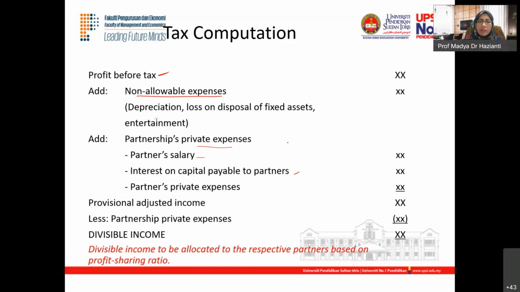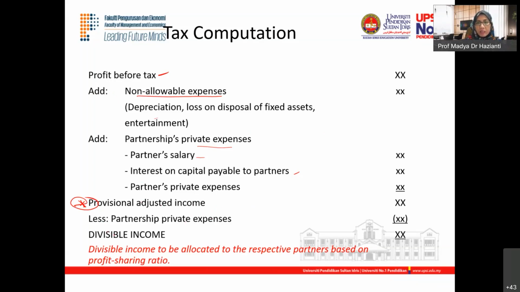At the same time, partners can also incur private expenses. Biasalah business sendiri kan, dia boleh spend for their personal use ataupun private use. So profit before tax, tambah balik non allowable, tambah balik private expenses, that will give us what we call as a provisional adjusted income. Adjustment dekat sini, provisional adjusted income. So whatever partnership private expenses ni kita kena tolak balik.